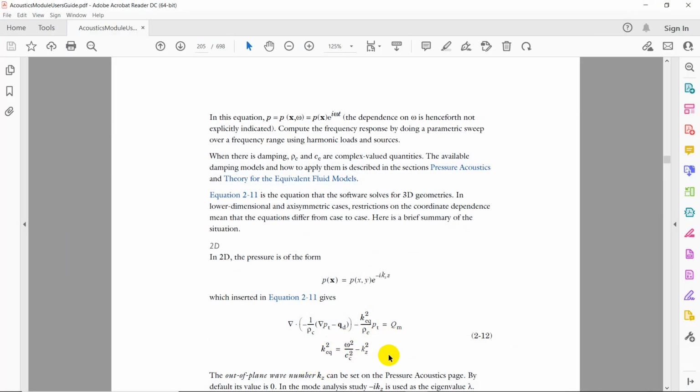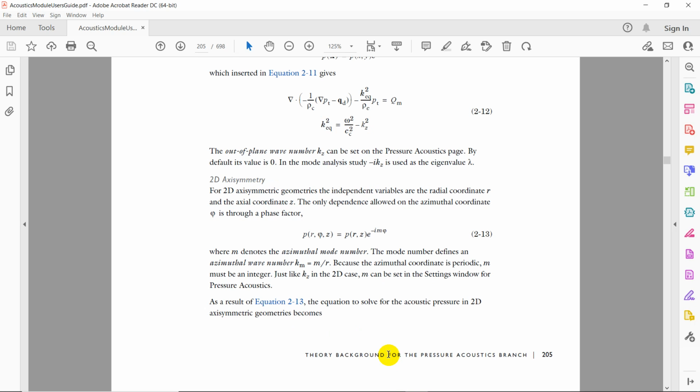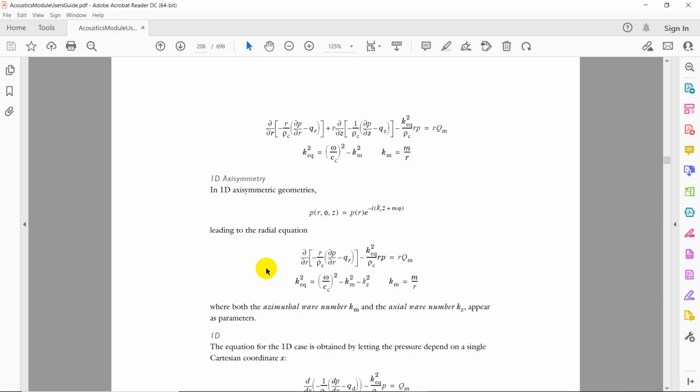Now one additional requirement is, what if you are solving this particular case as an axisymmetric one? That means you solve for a particular plane and then you rotate it so that you can have information about a three-dimensional space. In that case, your modeling should be a little bit different, and the equation should be in cylindrical coordinates.